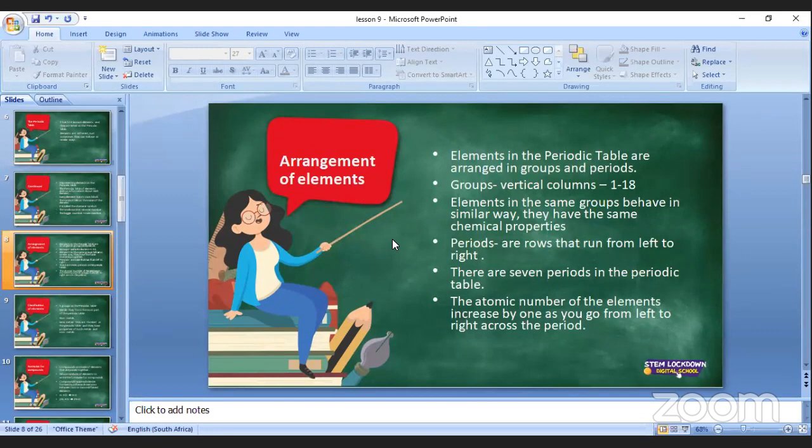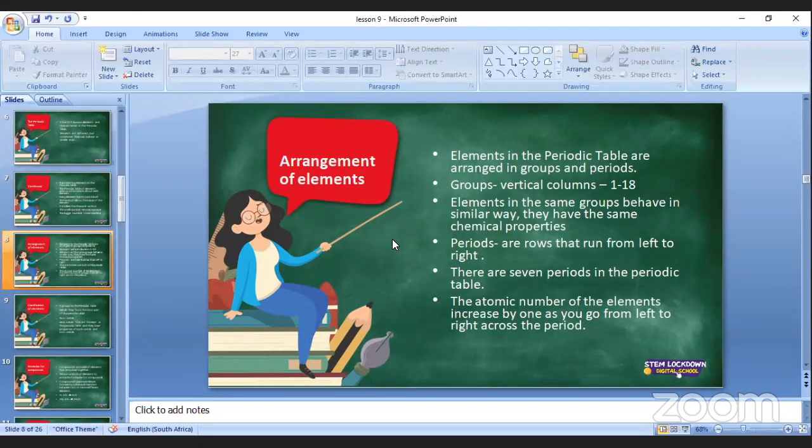Then you've got periods. Periods are rows that run from left to right. From top to bottom, those are your groups. There are 18 groups, and we only have a few periods, which are 7.